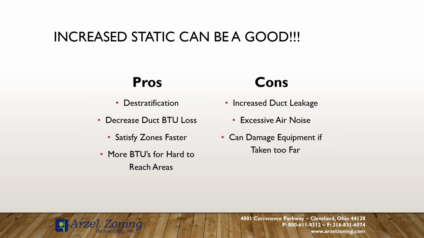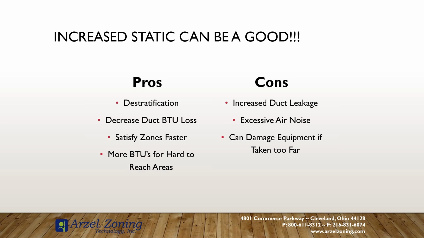And then if we have an area that's hard to reach, an area that's out of the way, a bonus room over the garage is a perfect example, or the lofted area upstairs where the ductwork is almost sufficient, but it's marginal, and they do have some comfort issues. Now, if the ductwork's way too small, we need to get more up there. But to that, more BTUs to hard to reach areas.